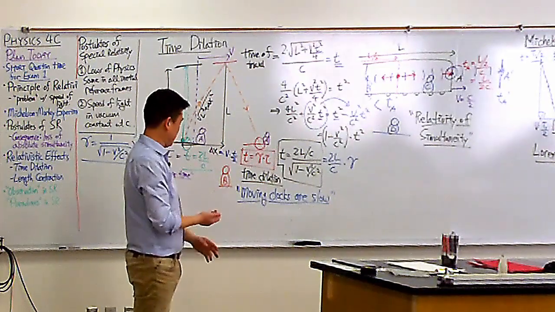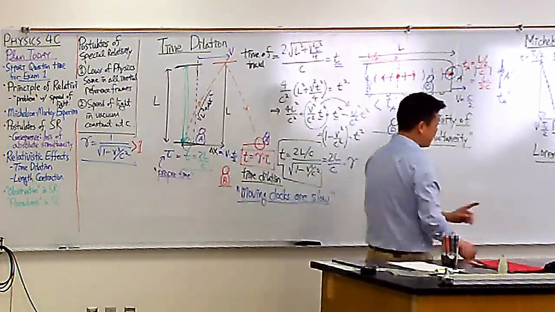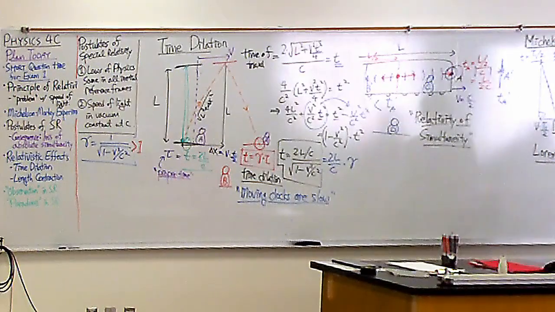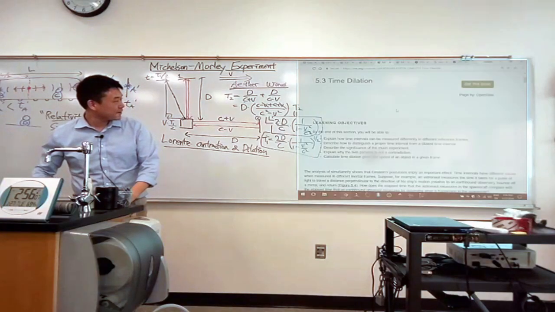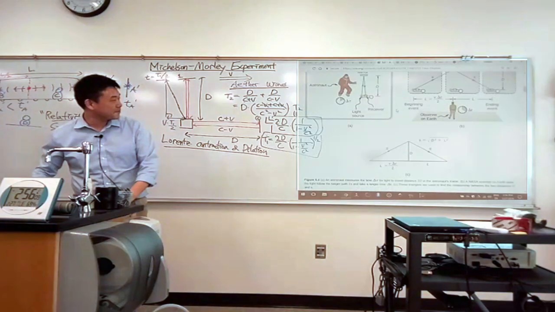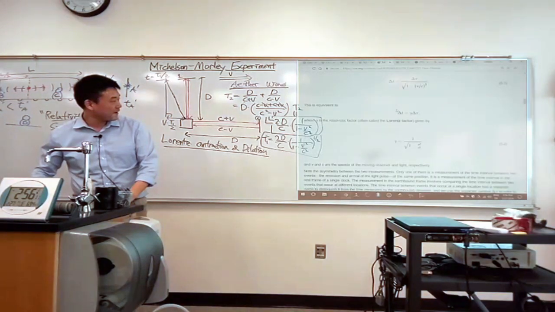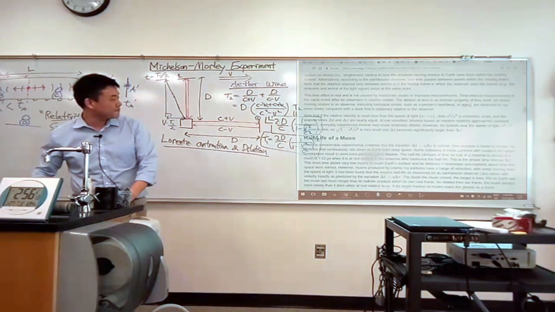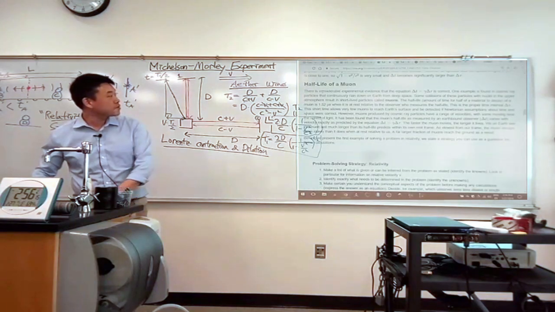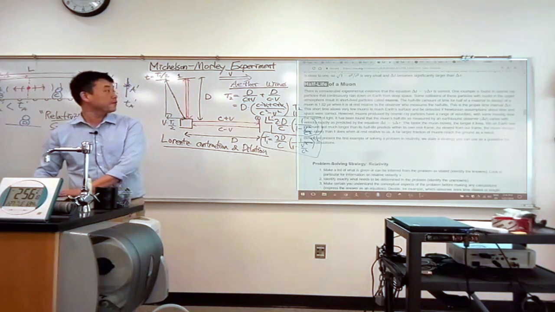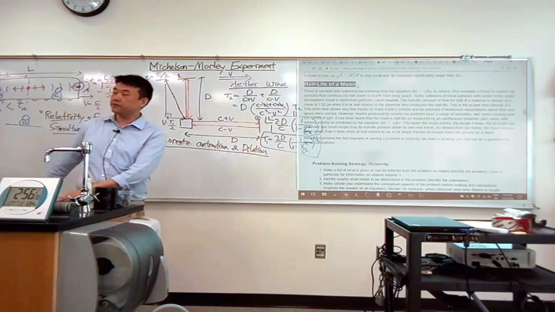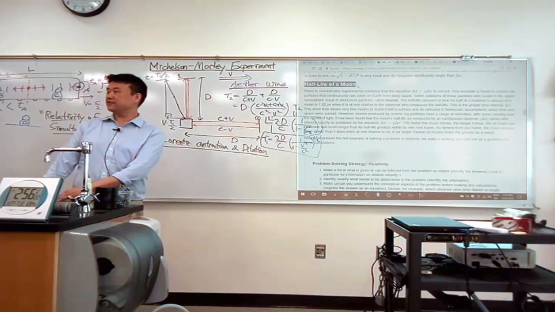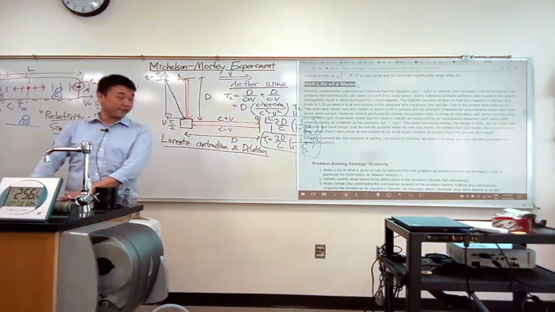And what we'll skip in the interest of time, you can read about in your textbook. Section 5.3 does give you some examples of time dilation, and the best known is the measurement of the lifetime of the muon. The muon is an unstable particle discovered in the early 20th century.